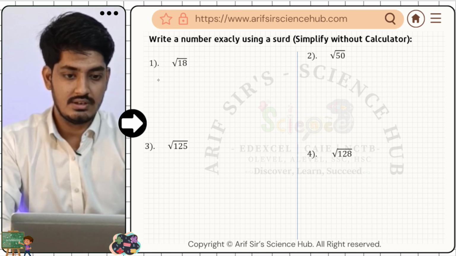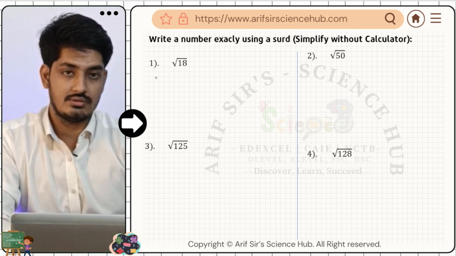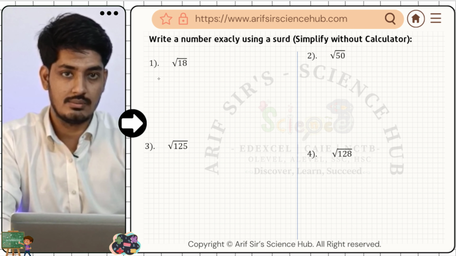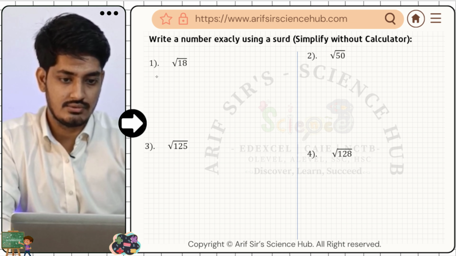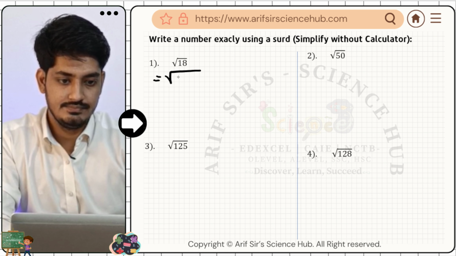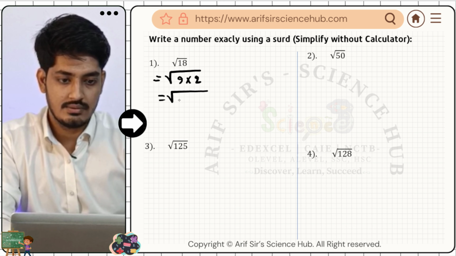At first you can see it's square root 18. We have to simplify this without the help of a calculator. So what we can do, simply we can write square root 18 is equal to square root of 9 into 2. That means it should be 18. We know that 3 squared is equal to 9, so we can bring this 3 out of the square root.